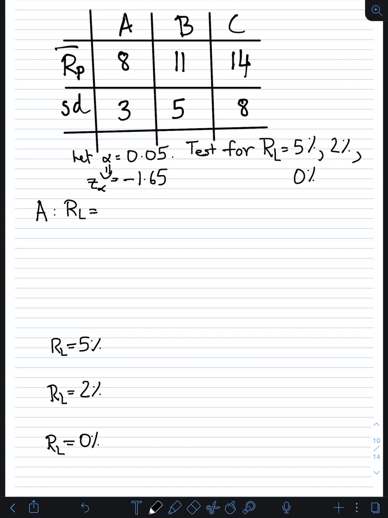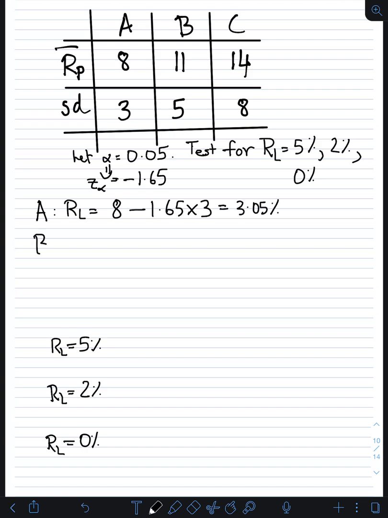RL is going to be RP bar plus Z alpha times sigma. So we have 8 plus, but our Z is a negative number, so instead of plus it becomes minus 1.65 times 3. That turns out to be 3.05%.